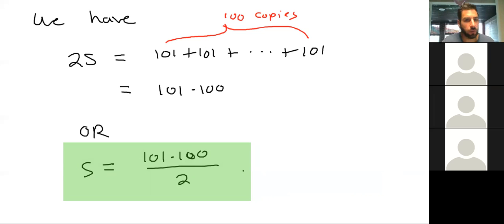We just discovered the following formula. Here's what we just discovered.